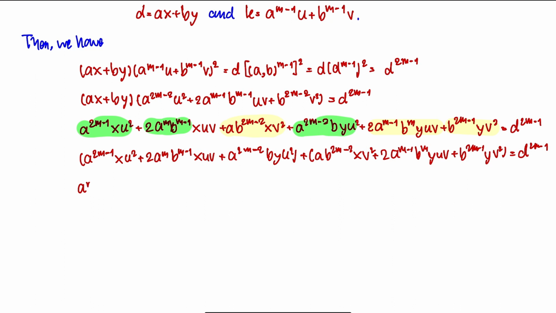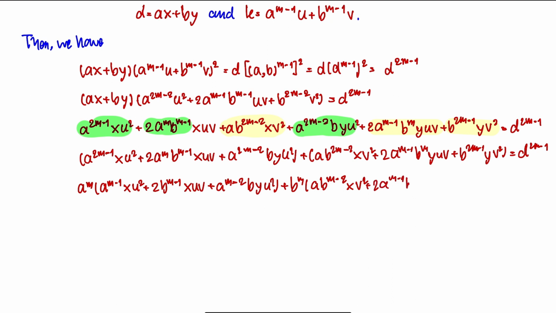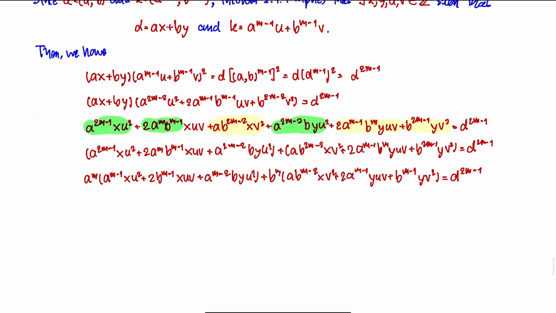We're going to have a to the m minus 1 x u squared plus a b to the m minus 1 x u v plus a to the m minus 2 b y u squared, plus b to the m, a b to the m minus 2 x v squared plus 2a to the m minus 1 b, okay, b to the m is factorized, right, times y u v plus b to the m minus 1 y v squared equals d raised to the power of 2m minus 1.